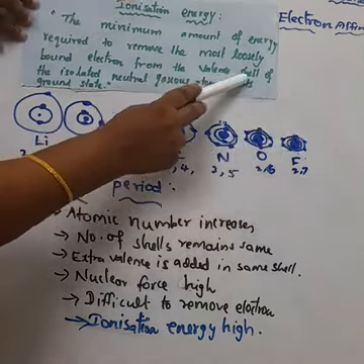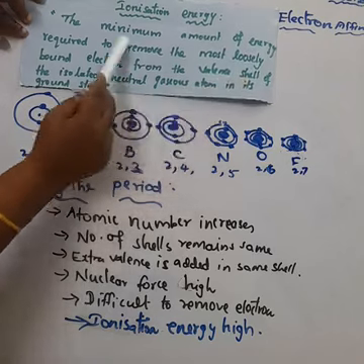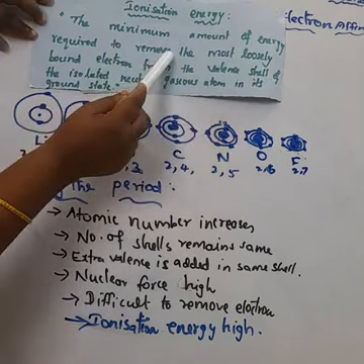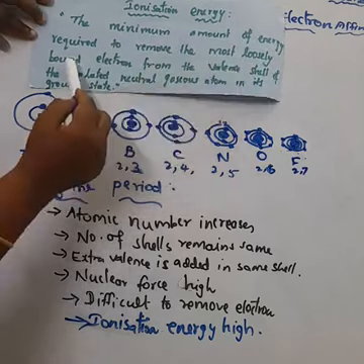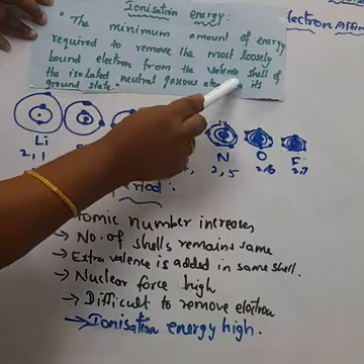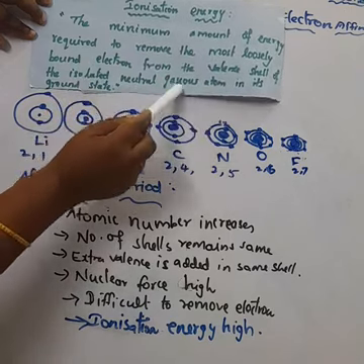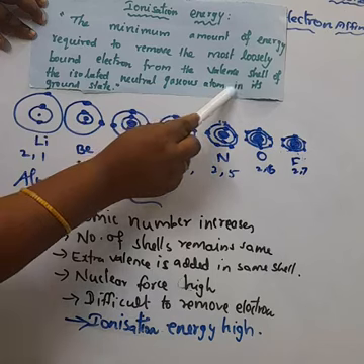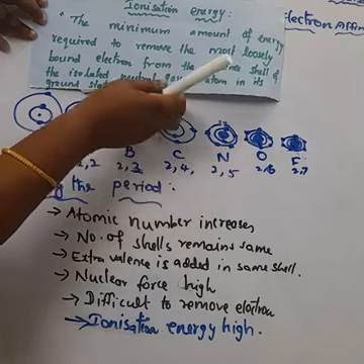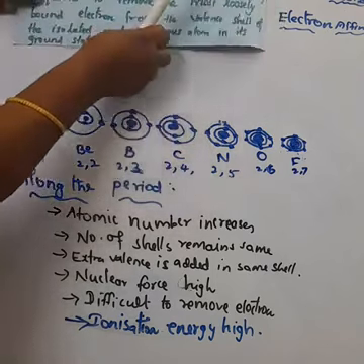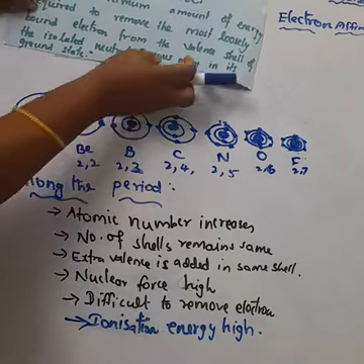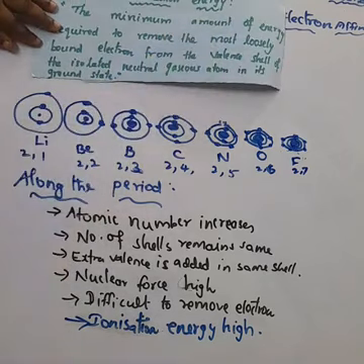So what do you mean by ionization energy? It means the minimum amount of energy required to remove the most loosely bound electron from the valence shell of the isolated neutral gaseous atom in its ground state. What do you mean by gaseous atom? We talk of a gaseous atom because we want to say the atom is isolated.